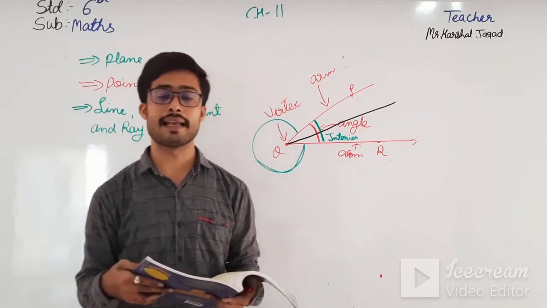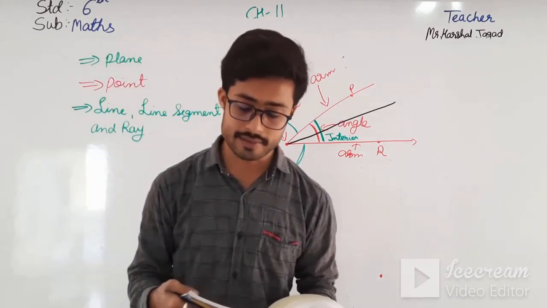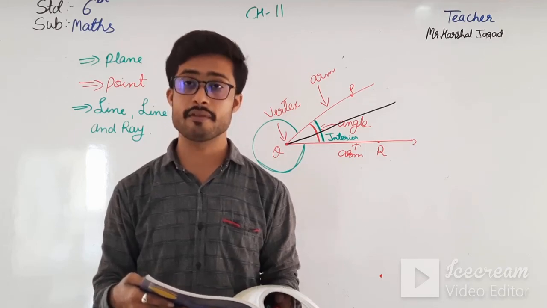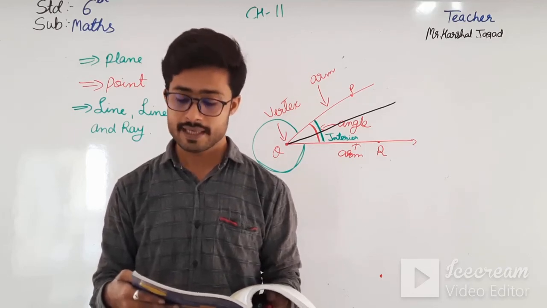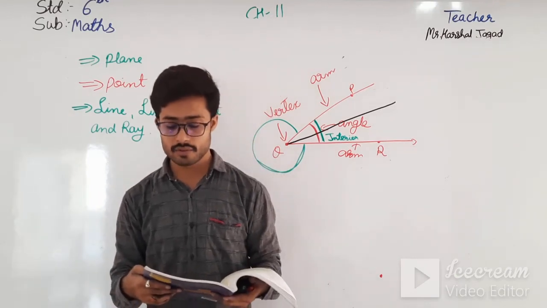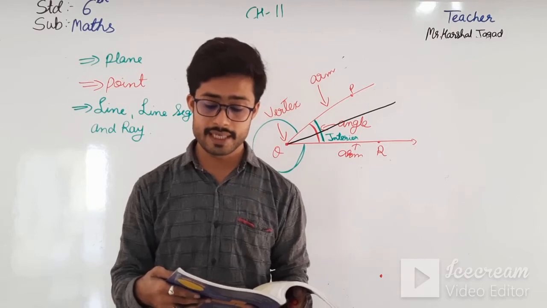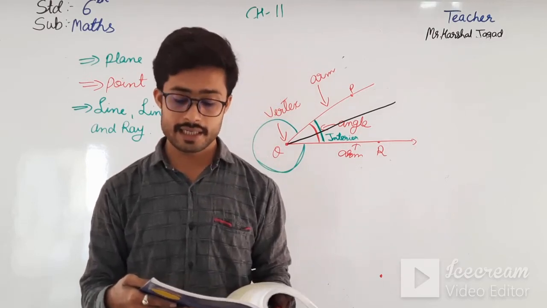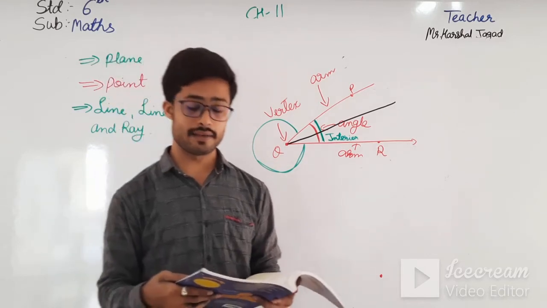These are the 3 line segments. Then study the figure and answer the following. Name the 3 rays: ray AB, ray AC, ray AD. And name the 3 angles: the first angle is BAC, then CAD and BAD. These are the 3 angles.